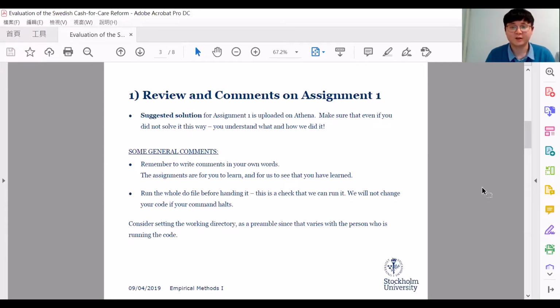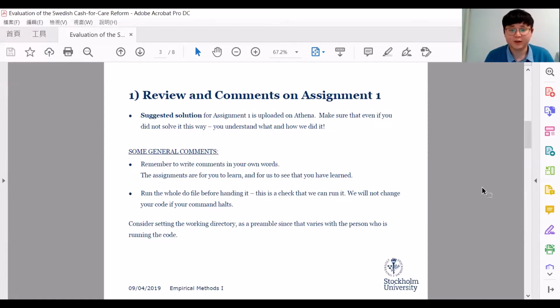Because especially in Stata, there are many ways that you can do the assignment and give the same result. So you can also learn different ways of solving the same questions by looking at the suggested solution. And below, here are some general comments. First, remember to write comments in your own words.